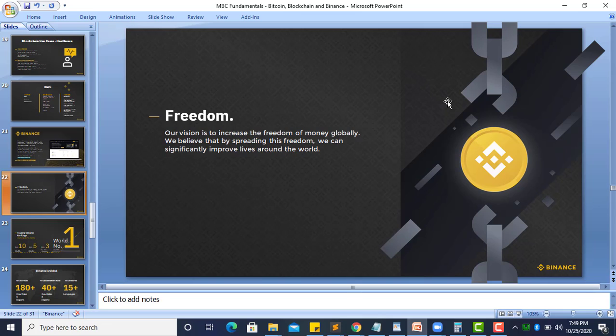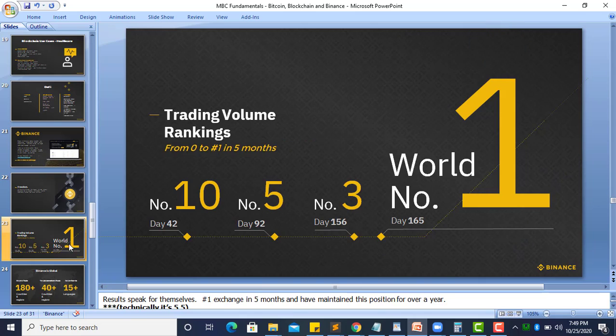So our vision is to increase the freedom of money globally. We believe that by spreading this freedom, we can significantly improve lives around the world. So that is the belief of Binance. Binance was established in 2017, sorry, I beg your pardon.